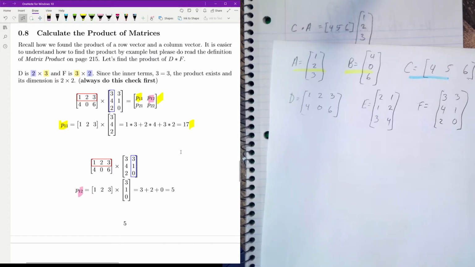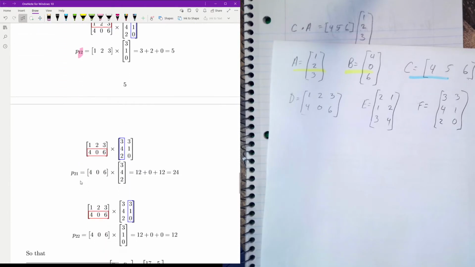Then we move on to the second row, first column. So this is P21. We're going to look at second row, first column. Doing our operations, 4 times 3 is 12, plus 0 plus 12 is 24.